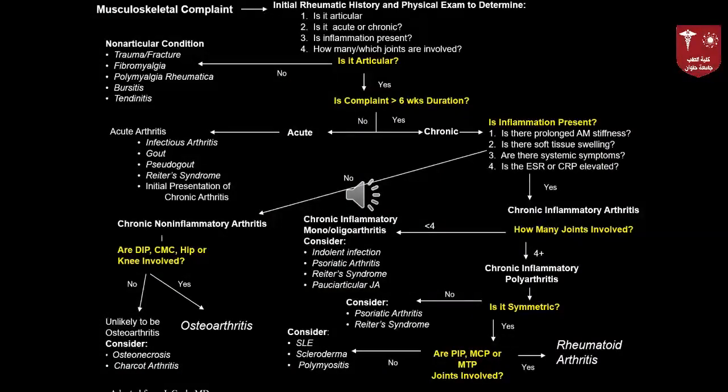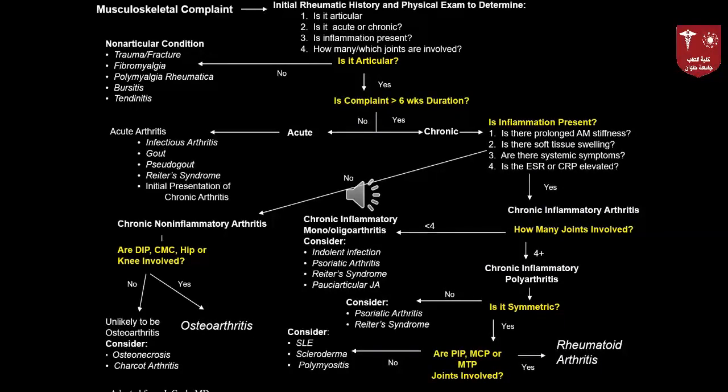If you have to select one slide from the whole presentation, you may select this slide. This algorithm summarizes the whole presentation. Starting with the patient coming to you with musculoskeletal manifestation, first you have to take a history and examine the patient and exclude the red flags.